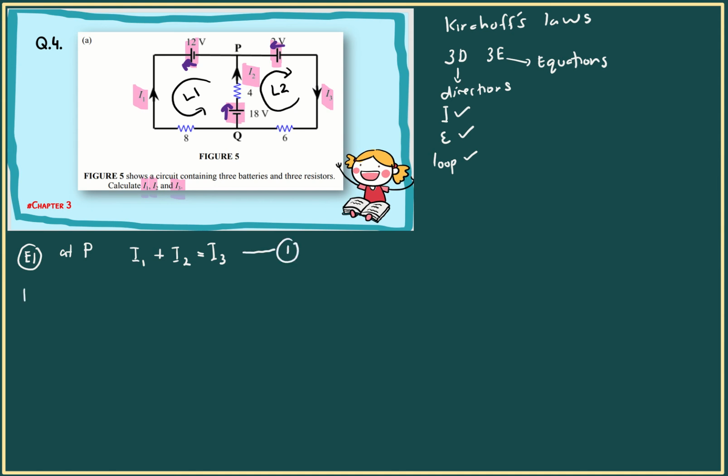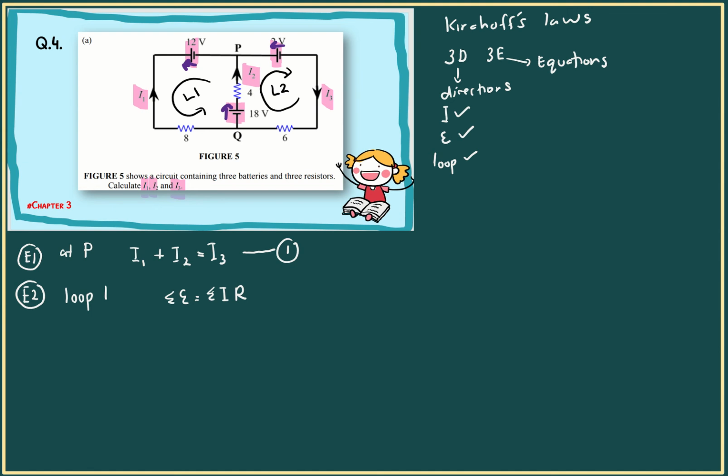To get the second equation, E2, we choose one of the loops. Let's say we choose loop 1 first, and then we apply Kirchhoff's second law: summation of EMF is equal to summation of IR. We have to always compare the direction.